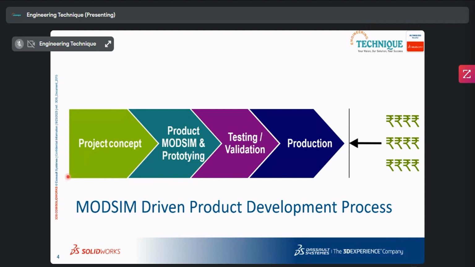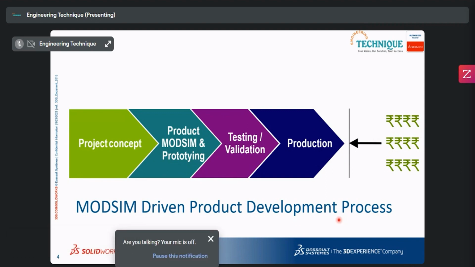Now you can see that with the help of this process, you can shorten your product development cycle. As I told earlier, in this fast pace of product development, time is money. So we can save the money, or we can earn the profit by using the model-sim driven product development process.